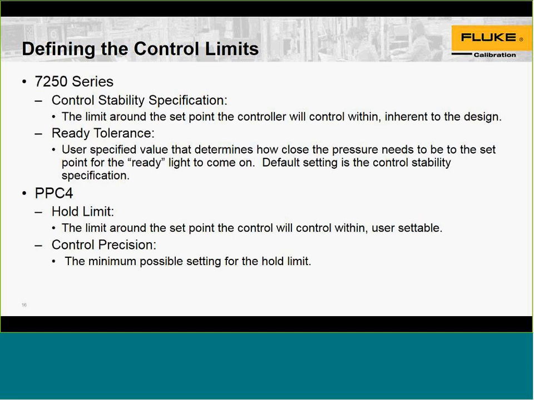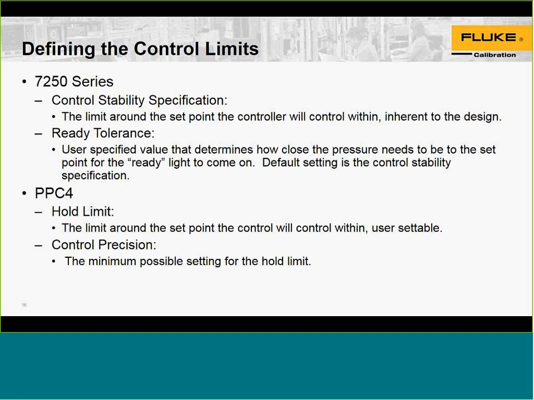Fluke Calibration has multiple pressure controllers. We don't always use the same terminology for them globally, mainly because of different sensing technologies and product families with historical significance. For the T-series pressure controller, we have a controllability specification and a ready tolerance.